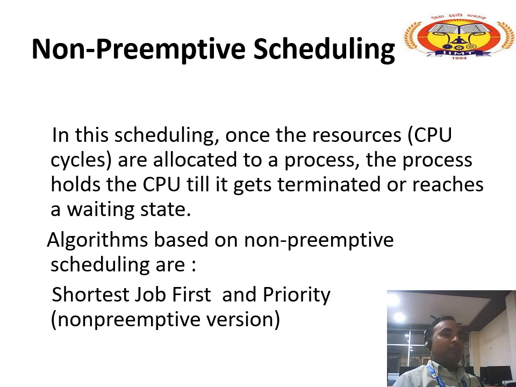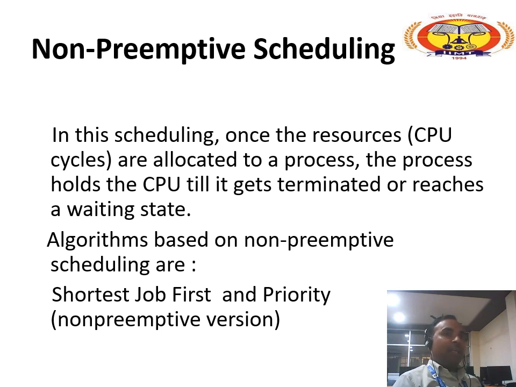Only when the process P1 has completed its execution will the CPU switch to another process. This is the main difference between preemptive and non-preemptive scheduling. The examples I have written here of preemptive scheduling and non-preemptive scheduling, you can read them out.